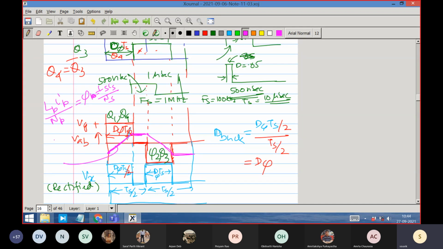Qualitatively, IMP is equivalent to phi. The flux pattern is this one, and IMP completely defines it by the equation I am writing: LP IP by NP is equal to the flux phi. LP and NP are constants, so IP completely represents this.